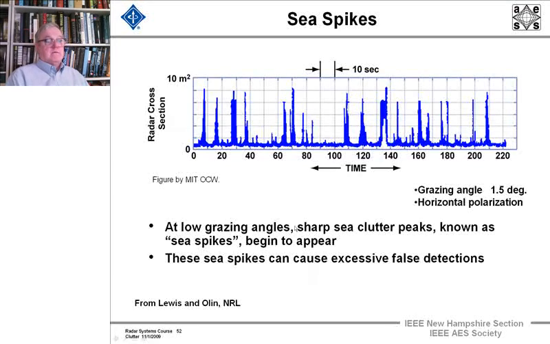A good deal of interest has been put on this, and we see spikes in the data that are long in length, that is a second or two long, then they drop down, and these low grazing angle, sharp sea clutter peaks are known as sea spikes, and they can cause extreme false alarms, false detections in your radar, because they're long enough to get a number of hits on them.